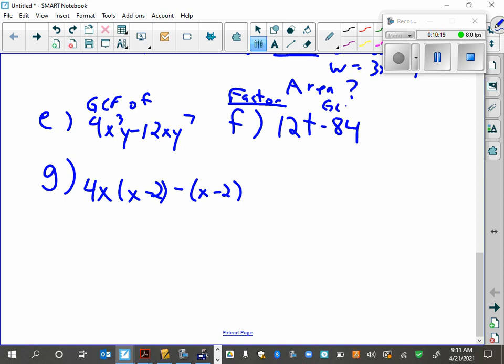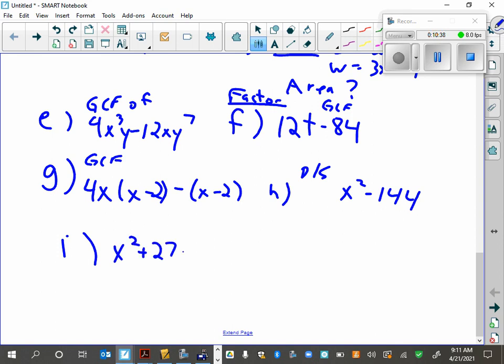I already told these kiddos that this is GCF. This is GCF. This is the difference of squares. This is some product.